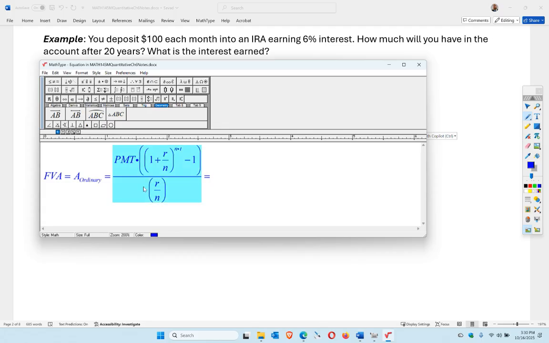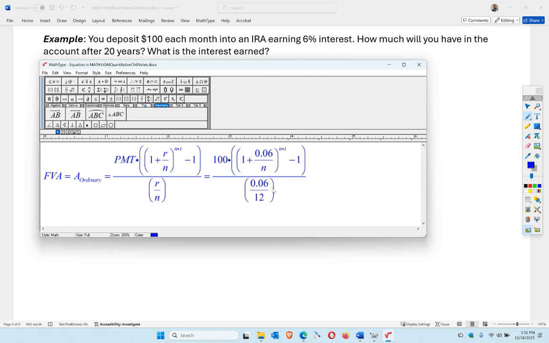I'm going to copy and paste this. So $100 is the payment. You notice a lot of these things are the same as in compound interest: the r, the n, the t. It's a very similar formula, just modified for many payments. The rate is 6%. It's per month for the payment, so that's the compounds.